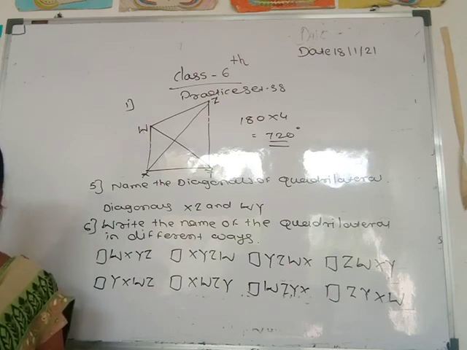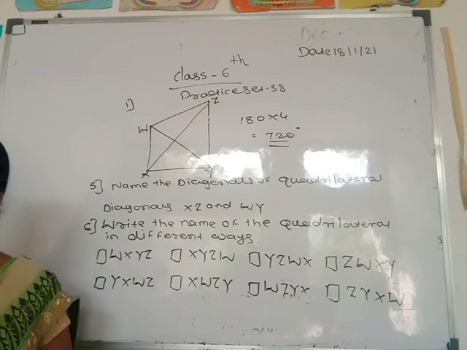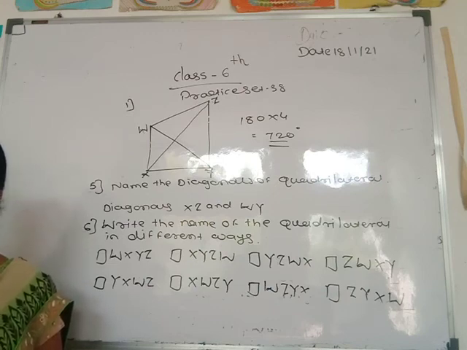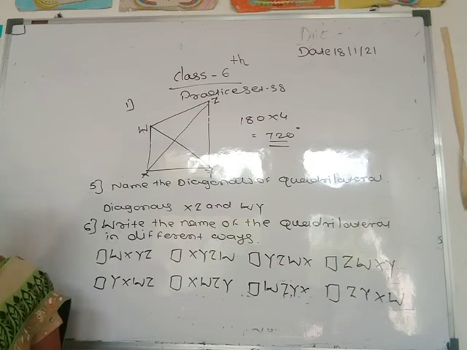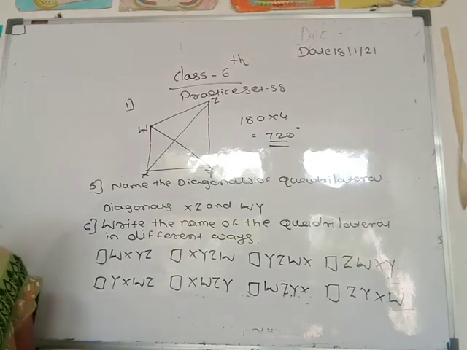The sum of the angles of a triangle is 180 degrees. Four triangles are formed, so 180 times 4 is equal to 720. So the sum of the angles of the given polygon is 720. In homework you complete this.